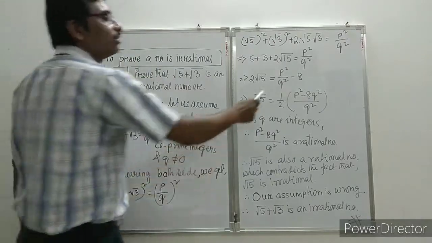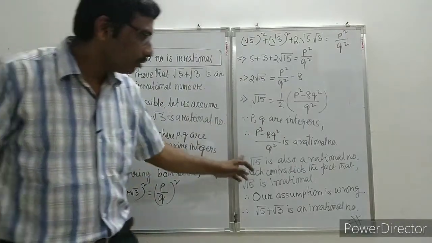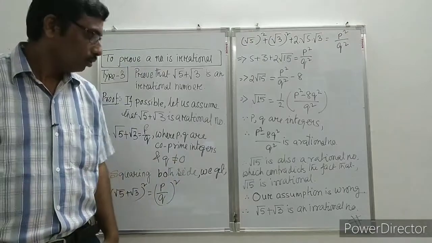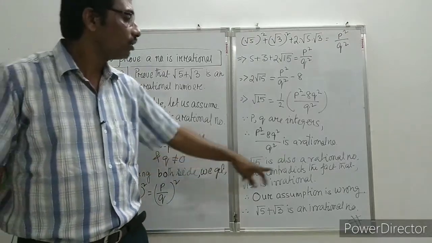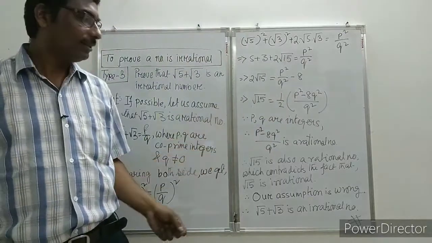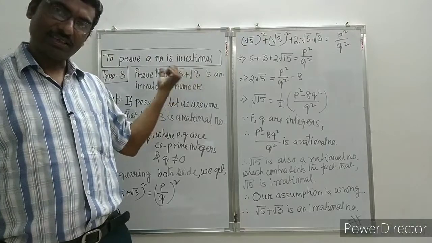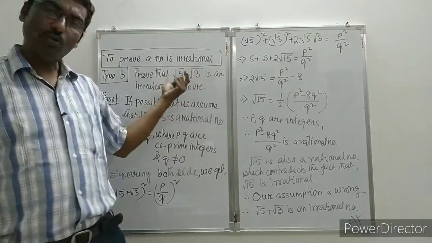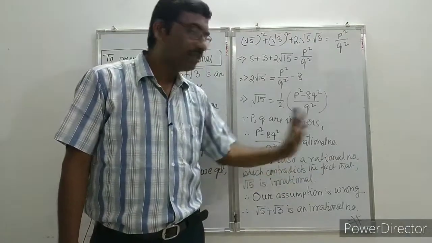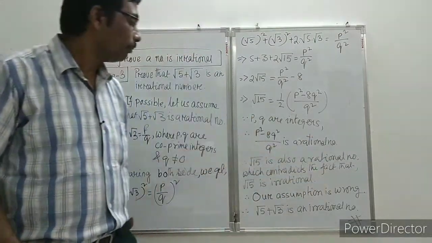So if it is a rational number and it is equal to root 15, means what? Root 15 also rational. But is it true? No. So that's why it is written, which contradicts the fact that. Why writing the fact? Because we are not taking here that root 15 is a rational number. We are taking the whole root 5 plus root 3. That's why writing, which contradicts the fact that root 15 is an irrational number.